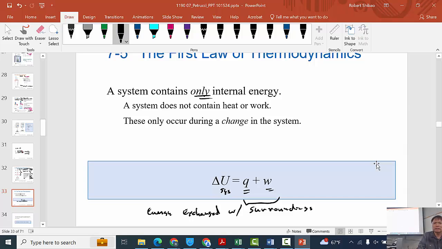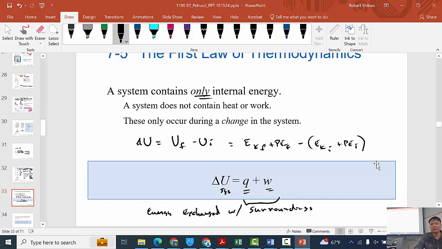When we're interested in delta U, the change in internal energy or the change in total energy, we'd like to do U final minus U initial, but it's not possible. U final is equal to the kinetic energy final plus the potential energy final, minus U initial, which is equal to the kinetic energy initial plus the potential energy initial.